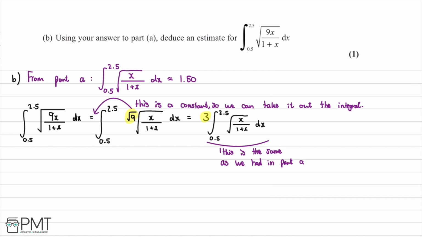So what does this mean? This means that we now have 3 in front of our integral. So therefore, we know that this is going to be the same estimate as our answer from part A, and to get our estimate for this, we're just going to multiply it by 3.